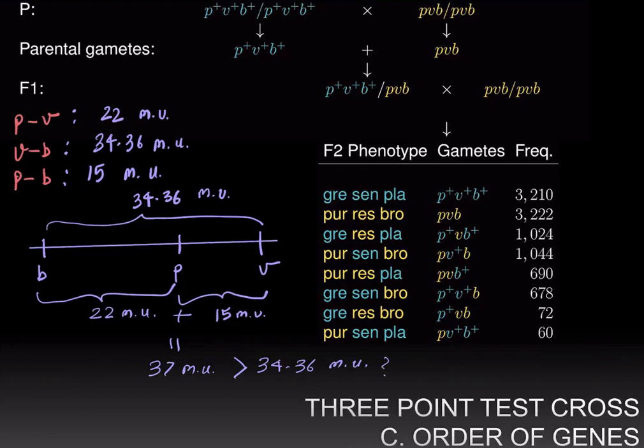As it turns out, it is this distance which is correct, whereas this distance is an underestimate of the true distance between B and V.